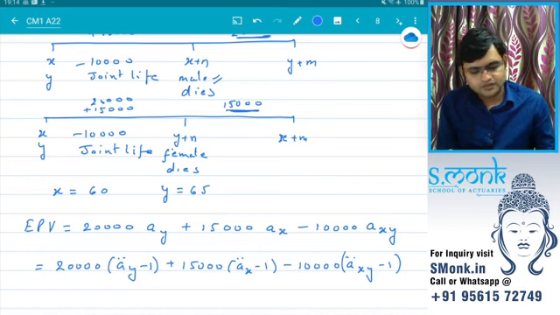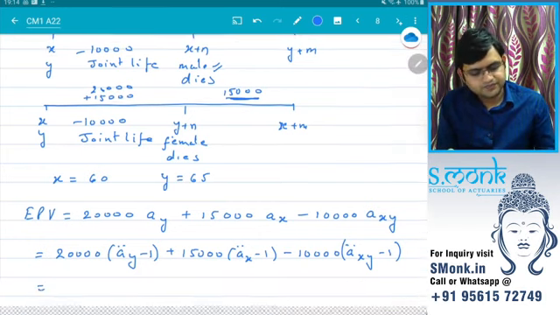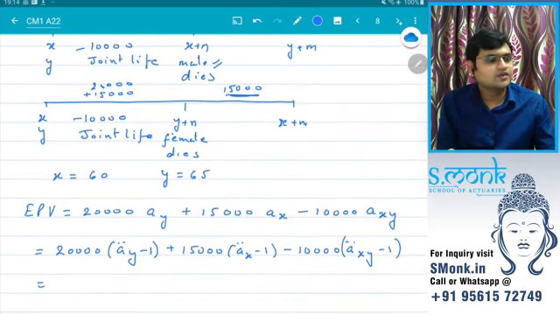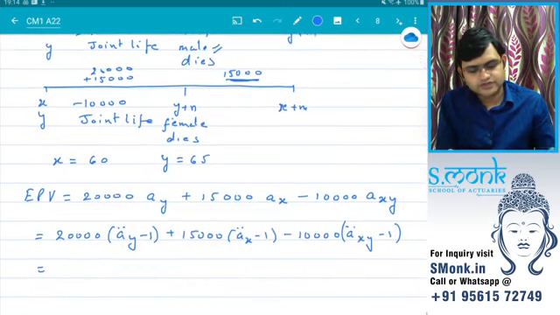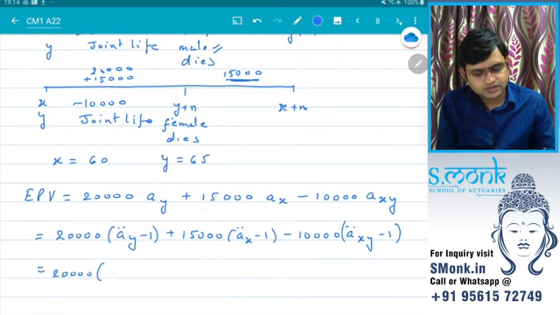Okay, so how do you calculate these values? We have 20,000 for female, age 65, we will have 14.871.